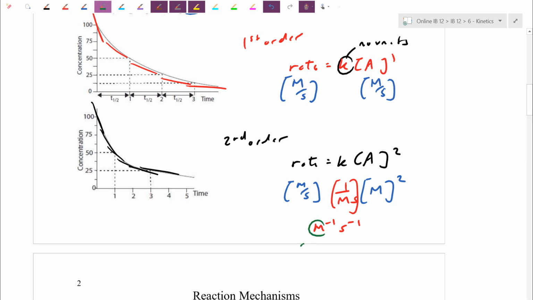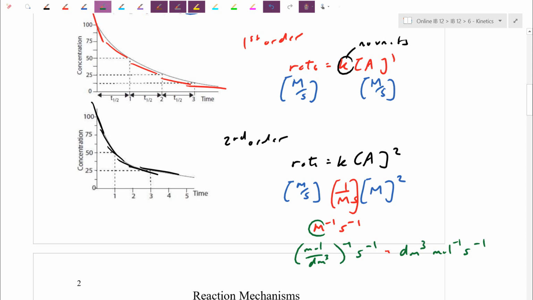The molar is mole per decimeter cubed, all to the -1, seconds to the -1. In total, you should be able to clean that up: decimeter cubed per mole per second. So dm cubed, mole to the -1, and seconds to the -1. Sorry, decimeter is just positive 3.